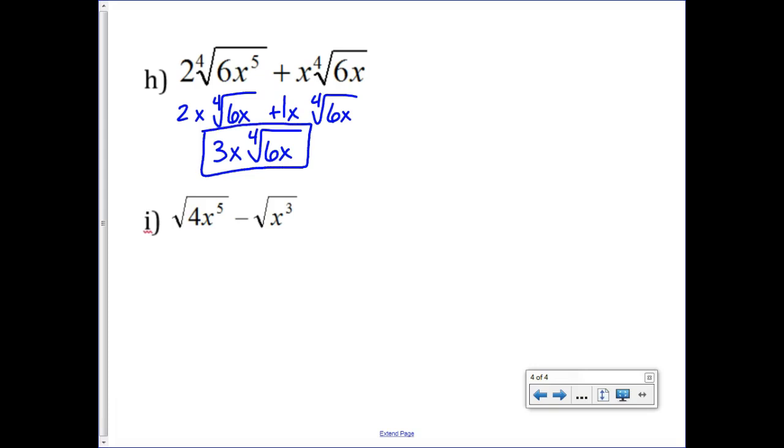In this case, 4x to the 5th, we're taking the square root. Well, the square root of 4 is 2. X to the 5th, I can take out pairs of x's since it's the square root. So I can take out 2 pairs, and then I have 1 square root of x left over. Then I can take out 1 pair, and I have 1 left over.